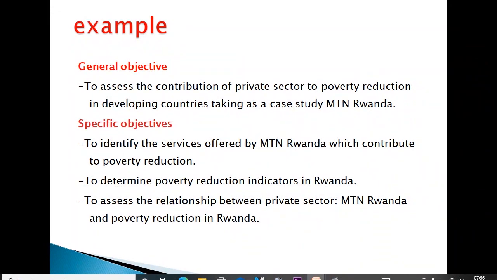The first one can be to identify the services offered by MTN Rwanda which contribute to poverty reduction. The second specific objective can be to determine poverty reduction indicators in Rwanda. Then the third one can be to assess the relationship between the private sector, MTN Rwanda, and poverty reduction in Rwanda.